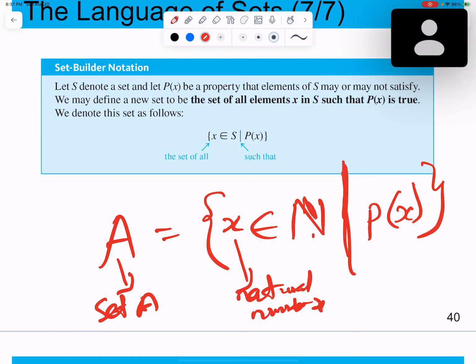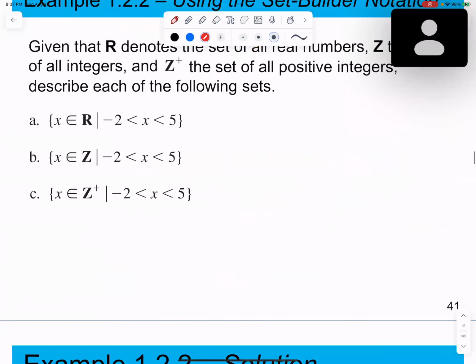Now, you can use a vertical slash, or you can use a colon. But in this instance, I would prefer us to use the slash, such that the statement P of X is true. This P of X is a statement, okay?